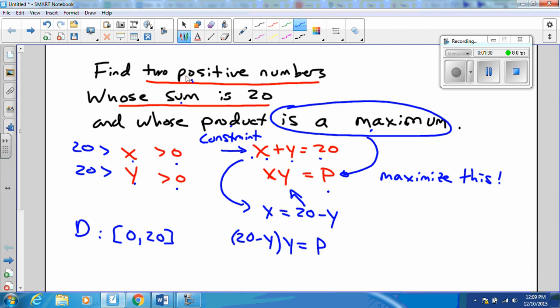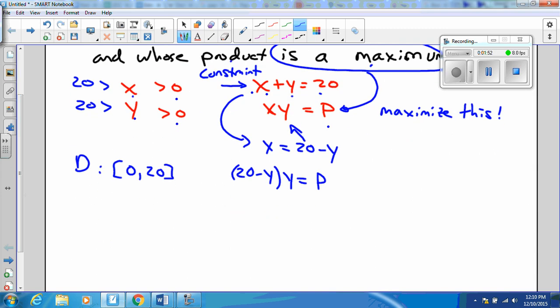I am, only because, you're right, the domain is technically the open interval, right? But I'm including those endpoints because my method for finding maxes requires the use of the endpoints. So I'm cheating a little bit. But it wouldn't be a maximum because 0 times 20 is 0. Right. You're exactly right. We're not going to find the max at the endpoints today. I mean, we'll try, but it will not be.